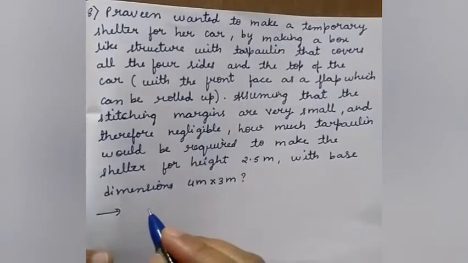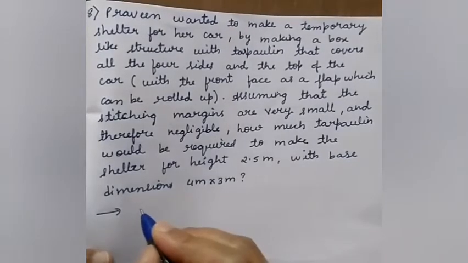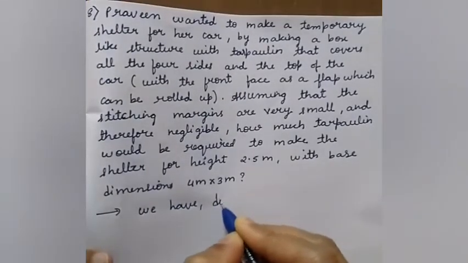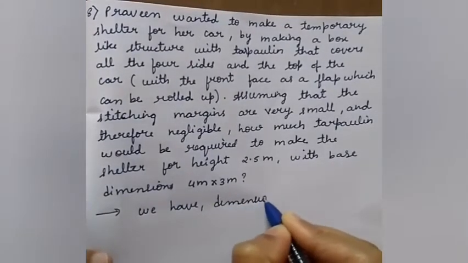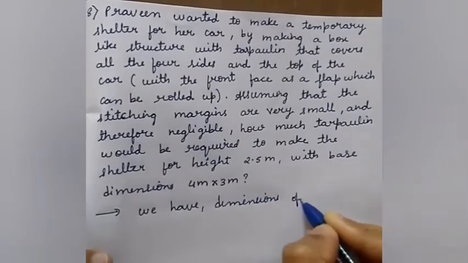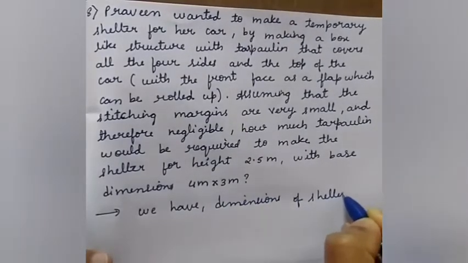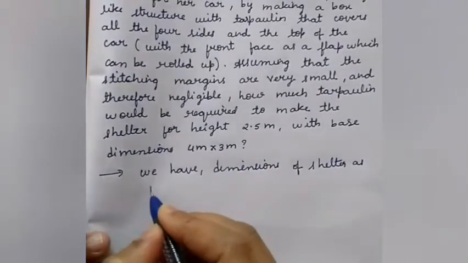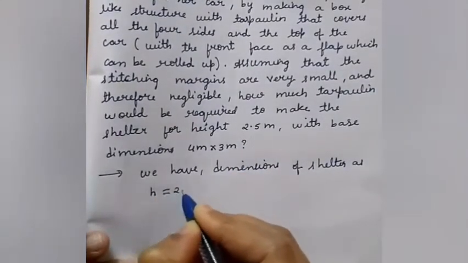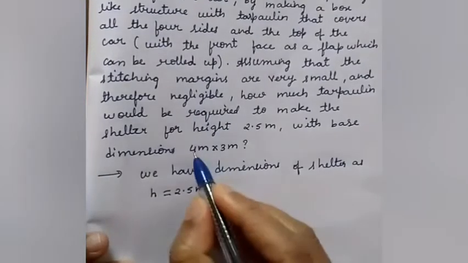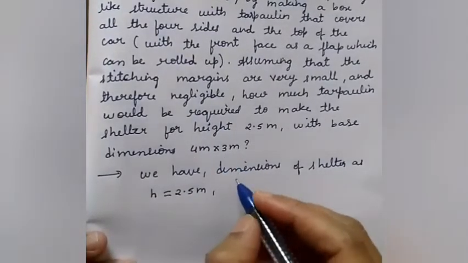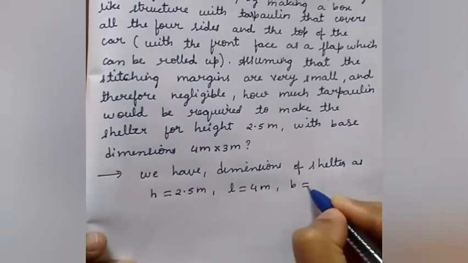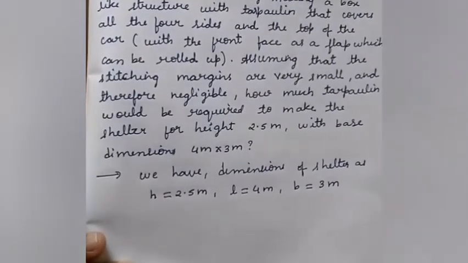So we have the dimensions of the shelter given. Height is equal to 2.5 meter, 4 meter and 3 meter. This is length and breadth. We can take length is 4 meter and breadth is 3 meter.